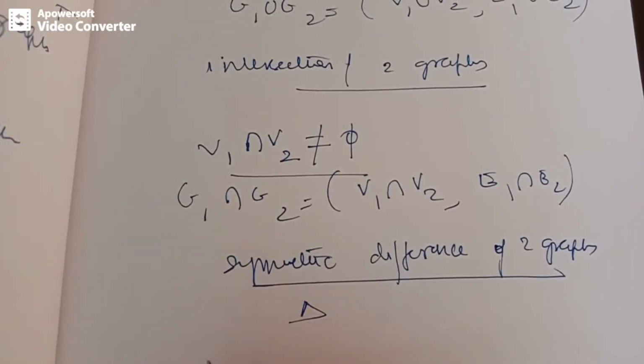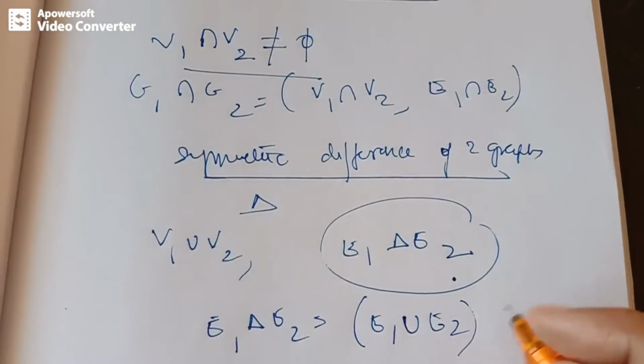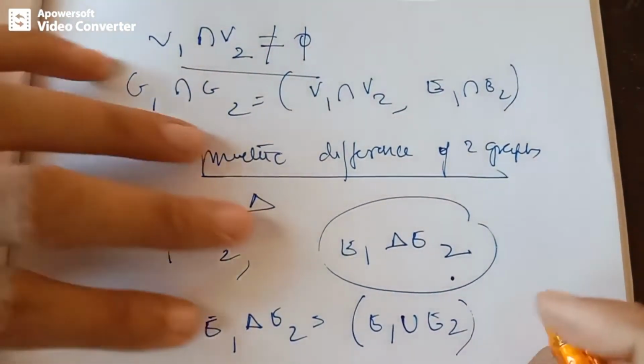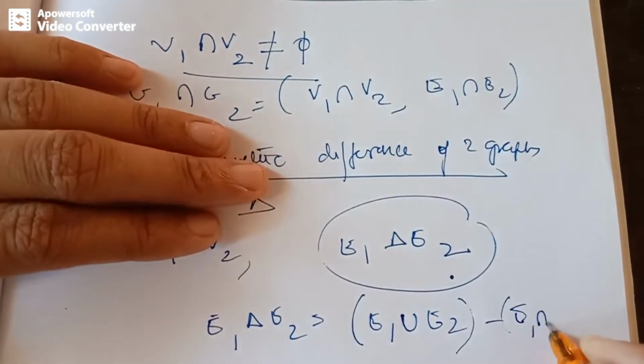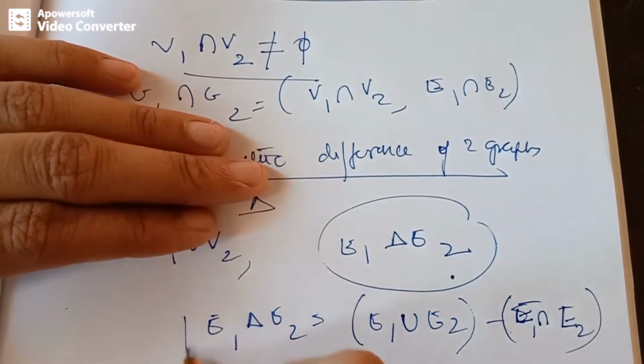So let's consider vertex set V1 union V2 and edge set E1 delta E2, where E1 delta E2 denotes the symmetric difference between the edges. What is E1 delta E2? It represents the set of all those elements which are there in E1 or E2 but not in both. So we can write minus E1 intersection E2. So this is the symmetric difference.